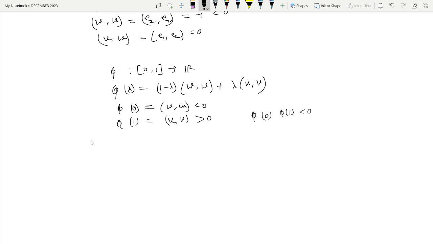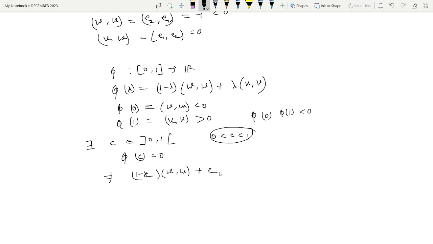So by Bolzano's theorem on continuity, there exists some c belonging to the open interval 0 1, that is 0 less than c less than 1, such that phi(c) will be equal to 0, that is (1 minus c) B(w,w) plus c B(v,v) equal to 0.